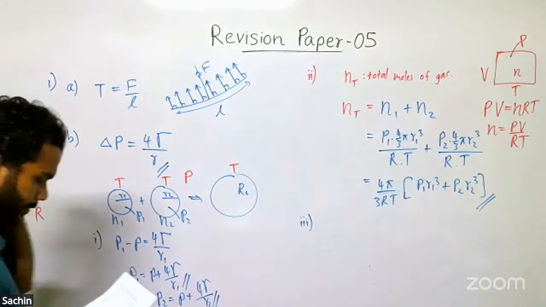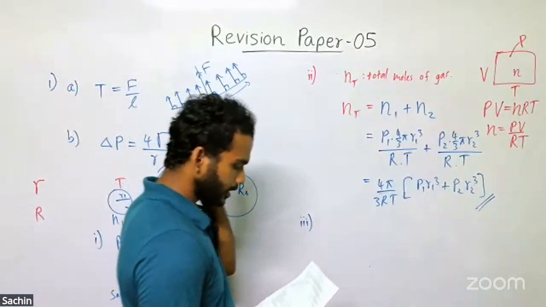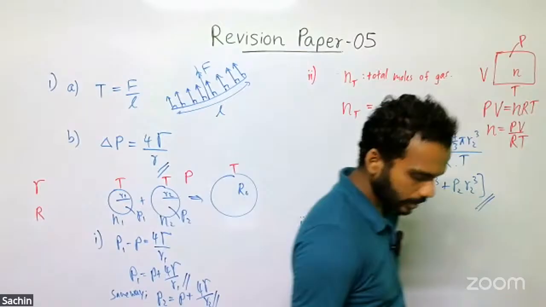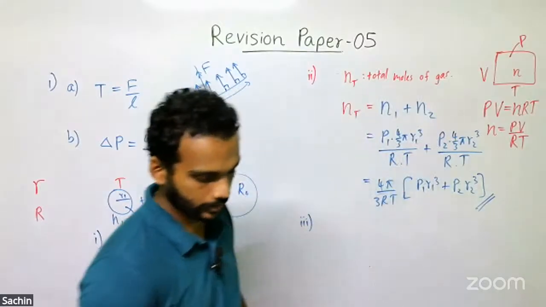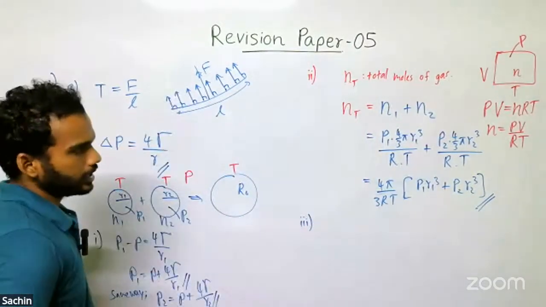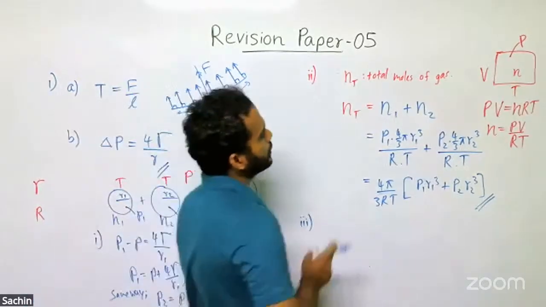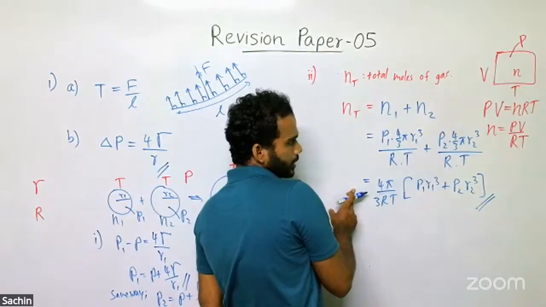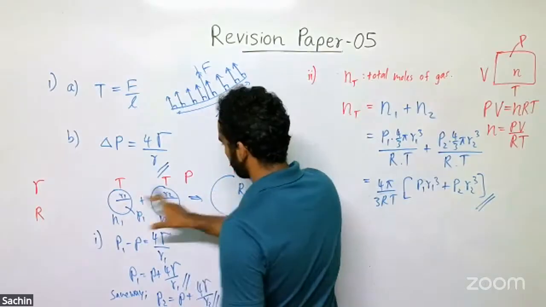Third part, write an expression for the total number N_T in terms of P, gamma, R naught, R and T. Okay. So initially we got the formula for total number of moles by considering two samples separately.